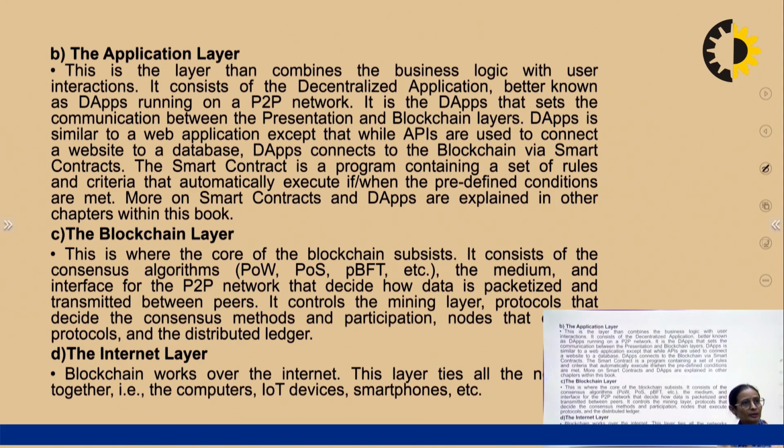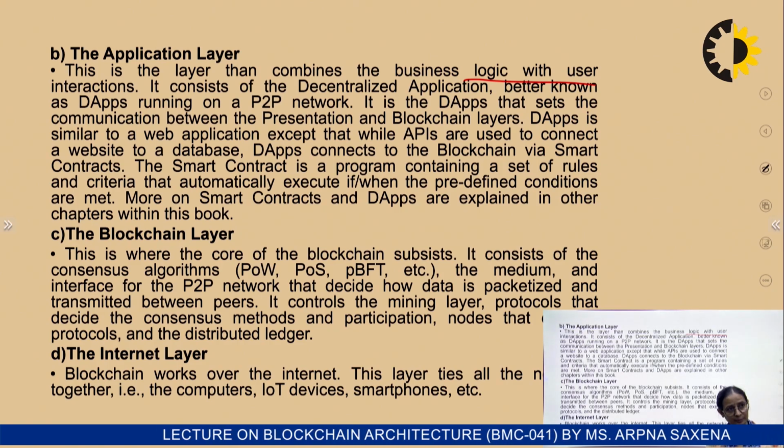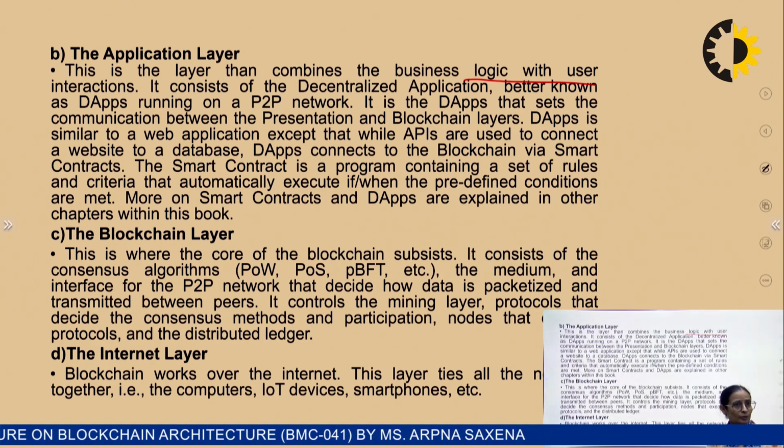The application layer basically combines the business logic with the user interaction. It consists of dApps on a P2P network. The dApps set the communication between the presentation and blockchain layers. A dApp is similar to a web app, except that while APIs are used to connect a website to a database, dApps connect to the blockchain via smart contracts.